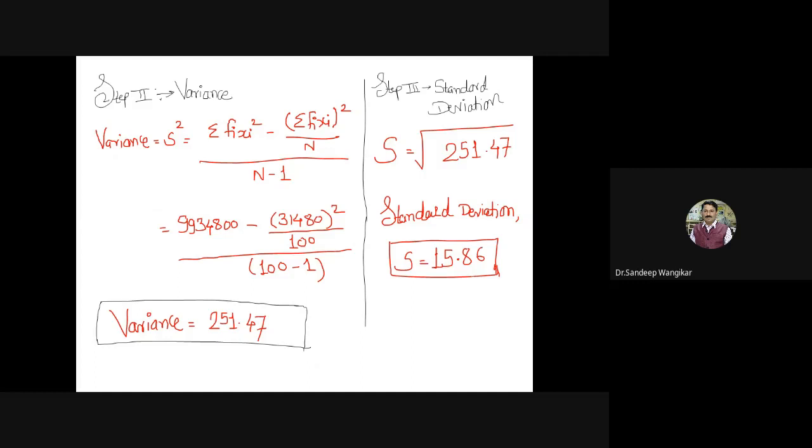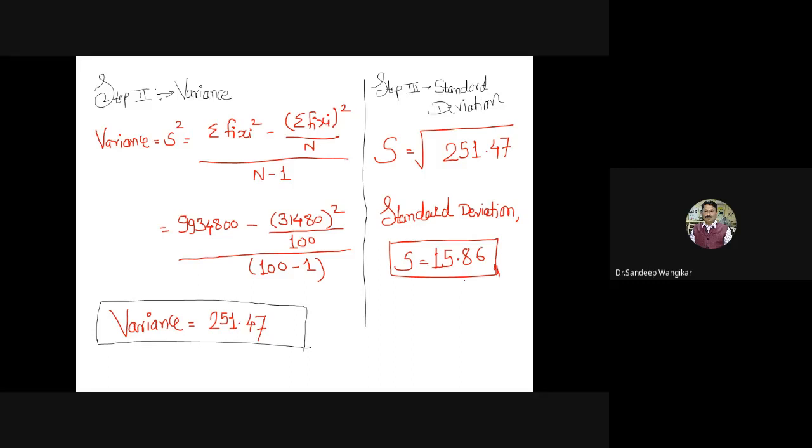Then the variance S square is the formula summation Fixi square minus summation Fixi bracket square divided by n minus 1. We have already calculated summation Fixi square and summation Fixi, so just substituting the values we arrived at the variance equal to 251.47.